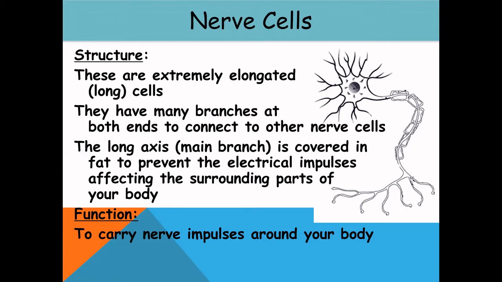What is the function of these nerve cells? The nerve cell function is to carry nerve impulses around your body. Let's say 3 things about nerve cells to remember. Number 1, they are what? They are long cells. Nerve cells, long cells.